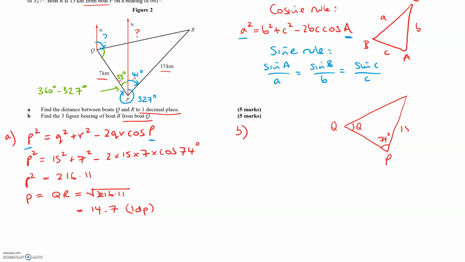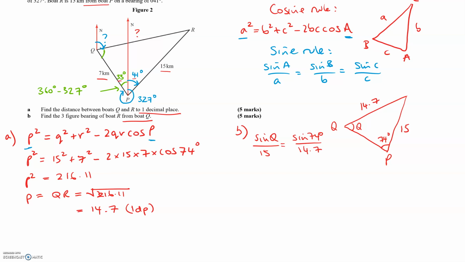So I know that that length is 15, and I've just worked out this length in part A. So just using the sine rule now, I can say that sine Q over 15 equals sine 74 over 14.7.